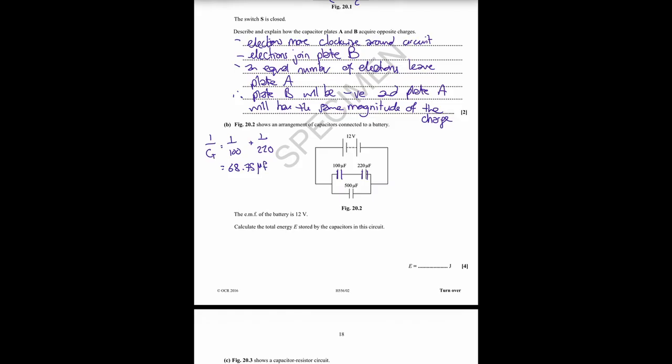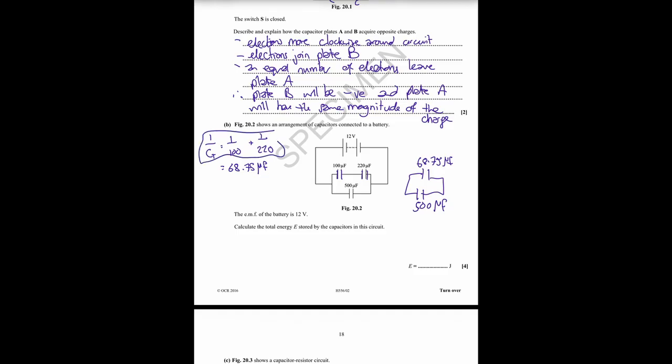Okay, so now basically I've simplified it to two capacitors in parallel. This one over here is the one that I've just worked out, 68.75 microfarads, and then this one is 500. And again, when it's in parallel, it's the opposite of resistors. So resistors, I would have to do this 1 over thing when it's in parallel.